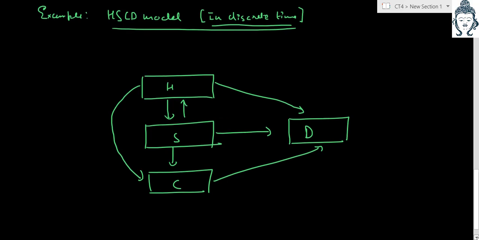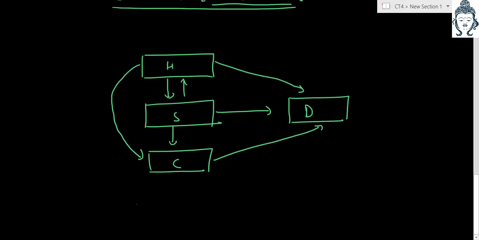Now, for example, let's say at time 0, I am in the healthy state. That is, my policy holder is beginning in the healthy state at time 0. And at time 2, I want him to get to the dead state. I want to calculate this probability of getting from the healthy state to the dead state from time 0 to time 2.